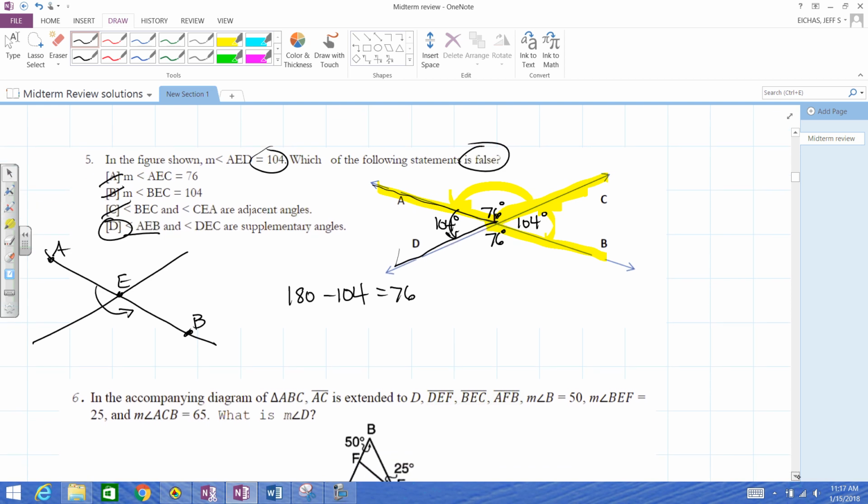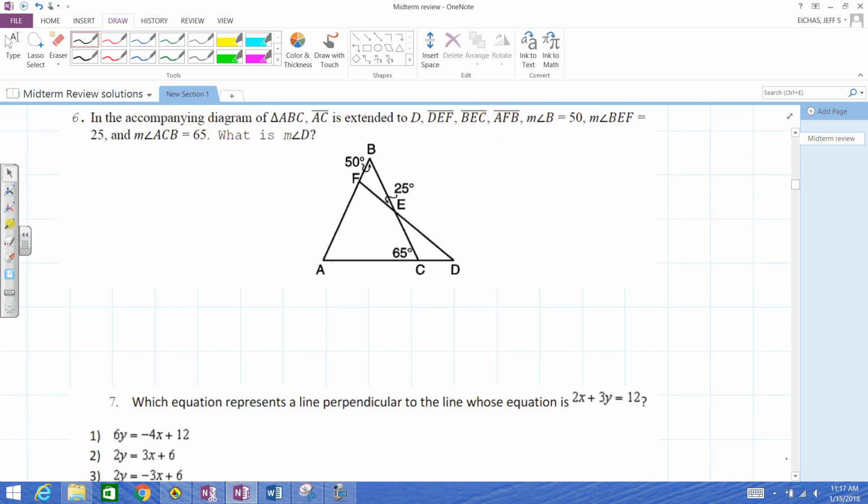Let's see, we've got time for maybe this one. This is one of those overlapping triangle problems. What we probably are going to need to do is break this down. Not easy, but we can do it. What I focus on first is probably this triangle right down here. I'm just going to draw this.